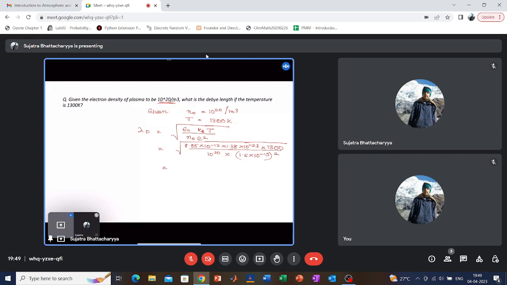The root of the answer is very small because I have taken this as too much, 2.49 into 10 to the power minus 7 meters. Okay, this is the answer.